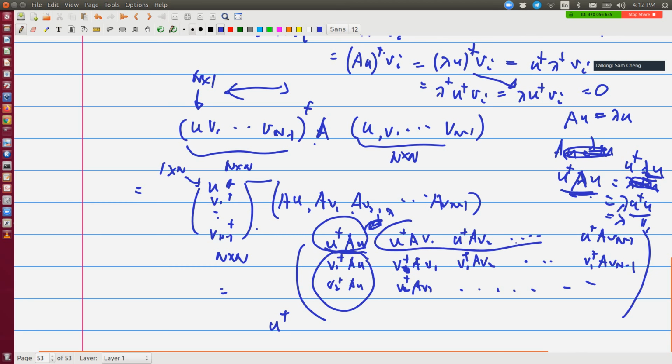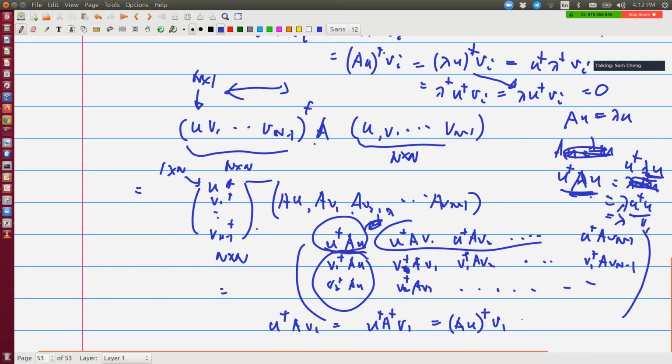And then for the other terms here, for example, I look at U Hermitian A V1. This one is equal to U Hermitian A V1, which is A Hermitian U Hermitian V1 because A is Hermitian. So it's equal to (A U) Hermitian V1, right?